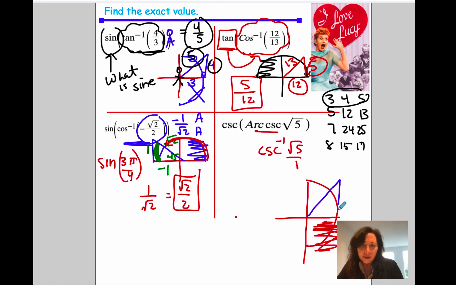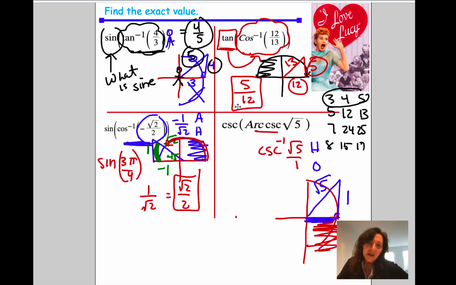So we are in the first quadrant, and cosecant is the reciprocal of sine, upside down. If sine is opposite over hypotenuse, then cosecant is hypotenuse over opposite, which would be root 5 over 1. Now, most of the time, I'm going to automatically find that third side, just so I have it, because I could have asked, like, what's cosine of where I'm at?